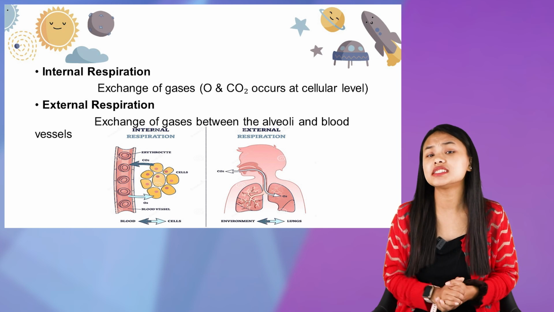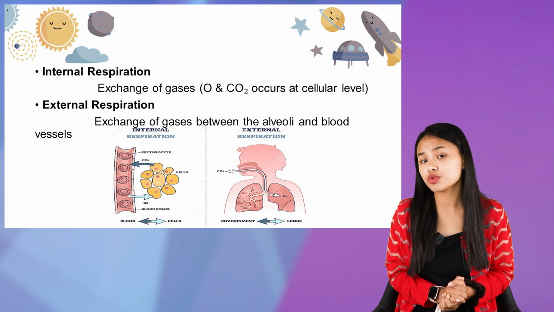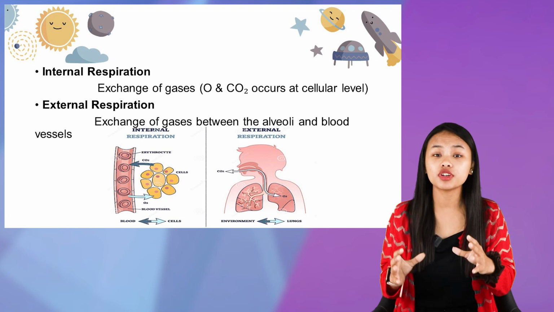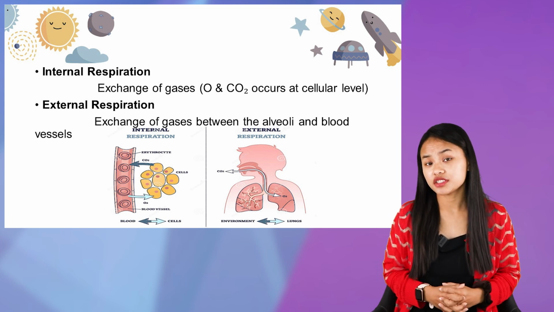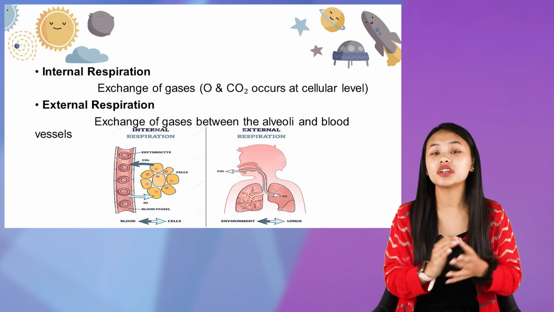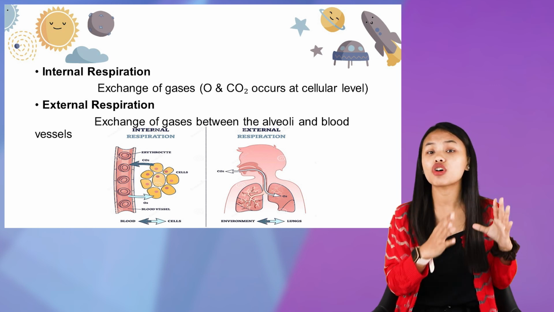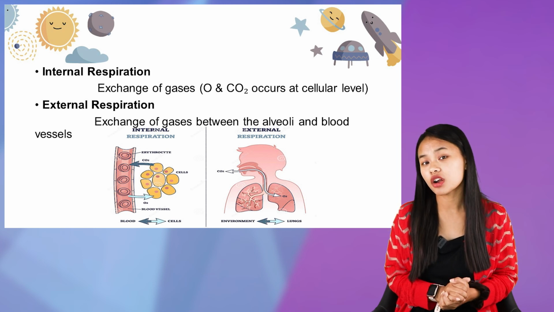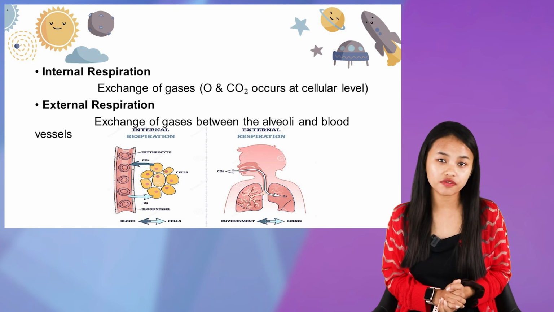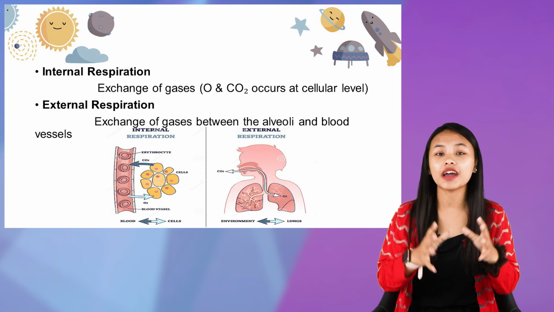Internal respiration is the exchange of gases, that is the exchange of oxygen and carbon dioxide, which occurs at the cellular level. Whereas in the external respiration, there will also be exchange of gases, but this occurs between the alveoli and the blood vessels of an individual.